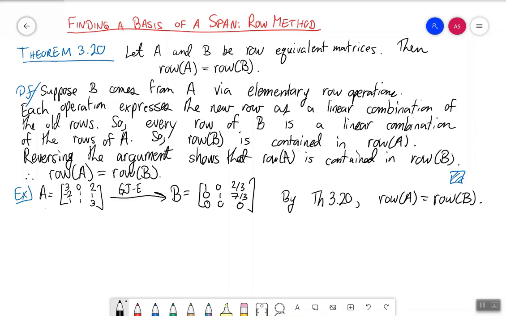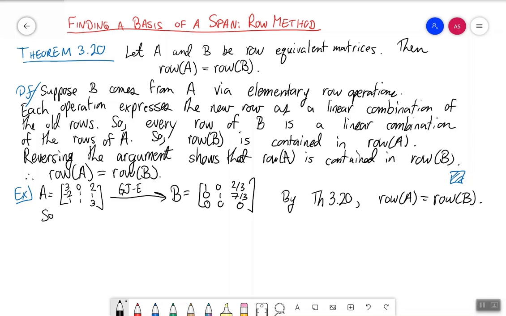Okay, but by just inspecting this matrix B, we can see that the span of the first two rows of B spans the row space, because we can always get rid of 0. And these first two rows are linearly independent.